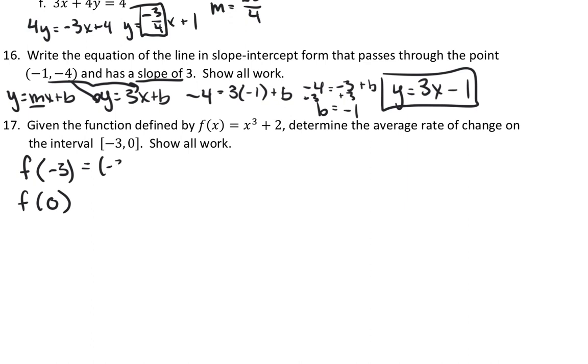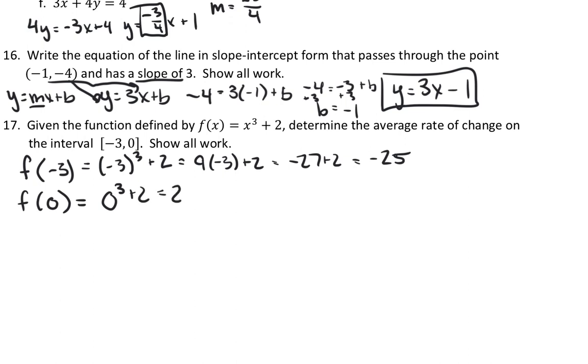If we plug in -3 cubed plus 2, we get -27 plus 2, which is equal to -25. And for this one, we have 0 cubed plus 2, which is just 2.